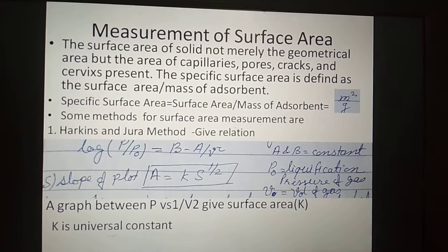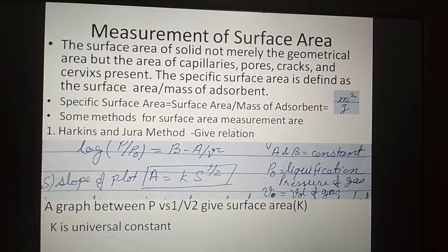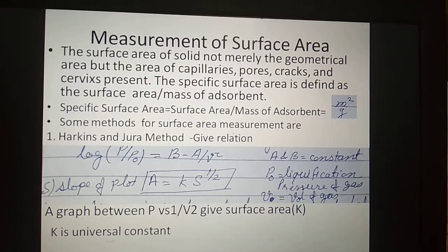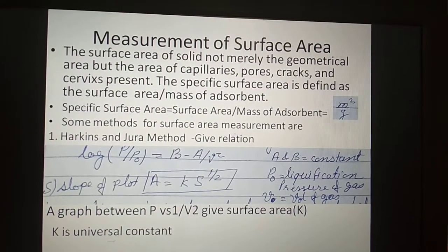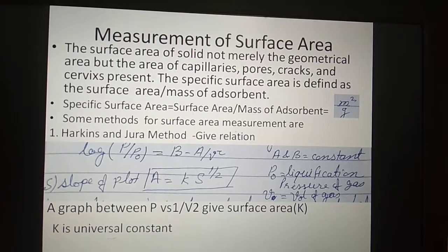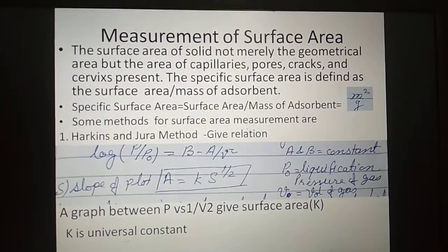Slope of the plot is equal to A is equal to K S to the power 1 by 2, where K is the universal constant. A plot between log P versus 1 upon V² gives surface area.